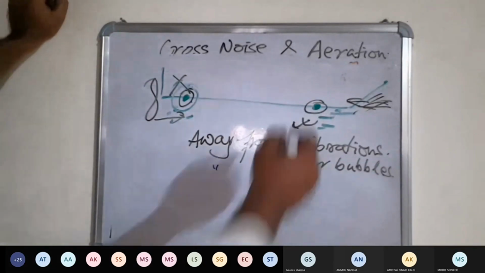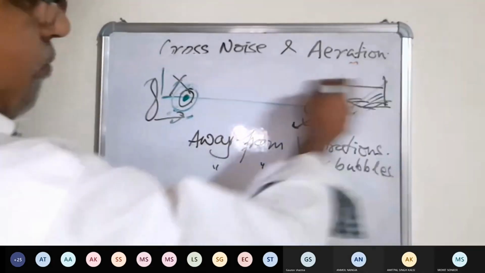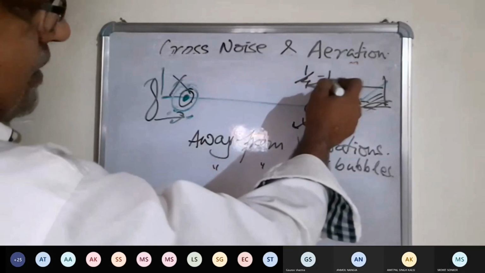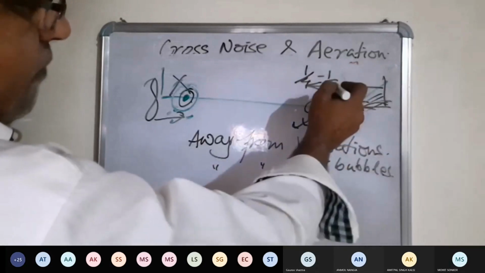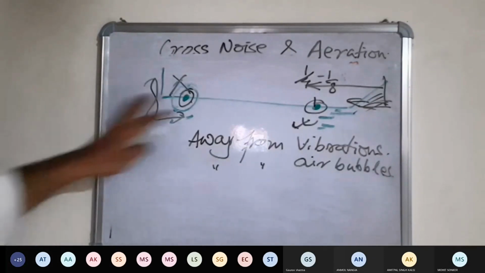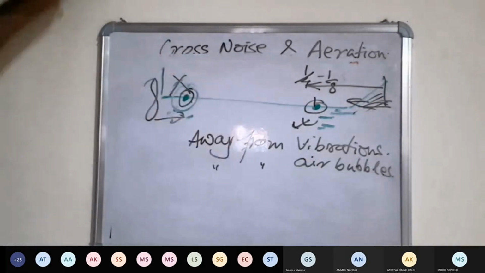So as we said, these transducers are placed somewhere behind 1/4 to 1/8 length of the LOA from the bow. This will be the case in longer ships only.